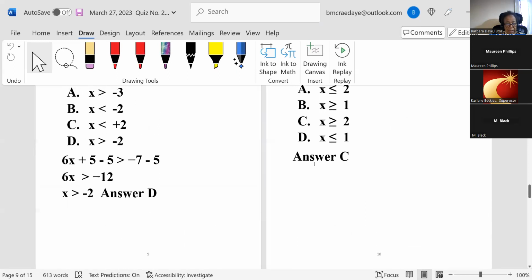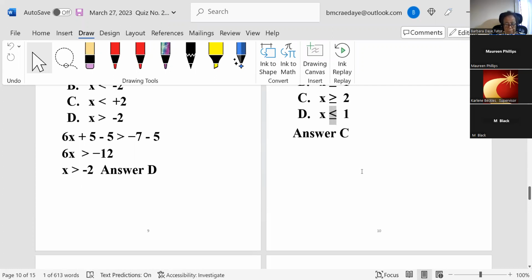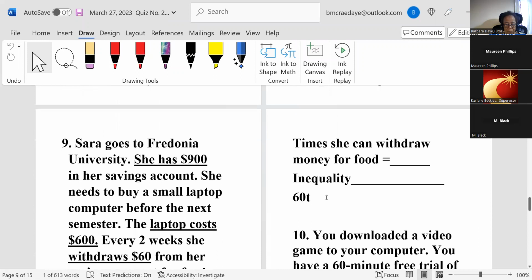Okay, less than or equal to. And you could have 300, but you've got 900. That's how much she had, minus the cost of the laptop. I didn't understand how to write it like what you do, miss.